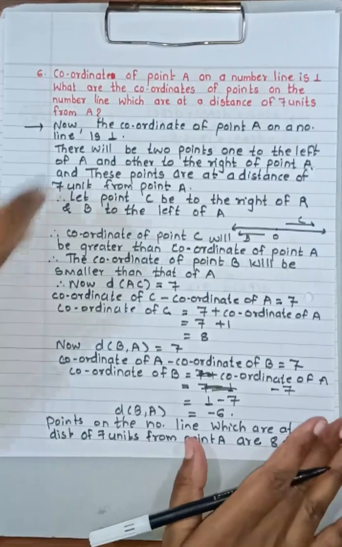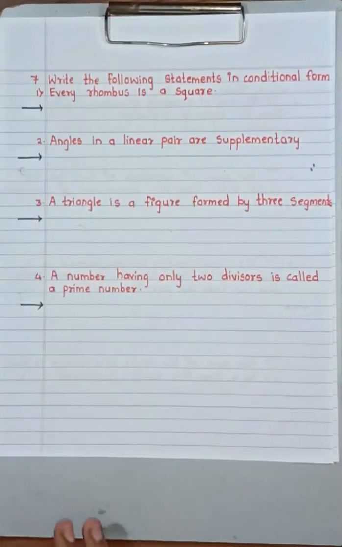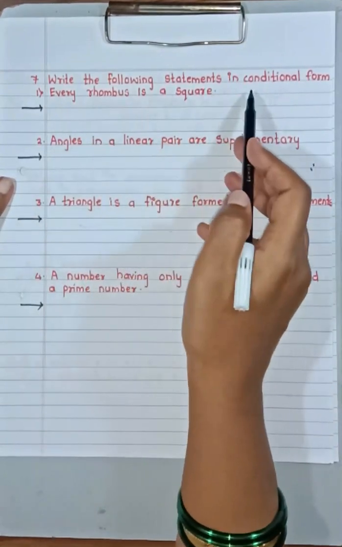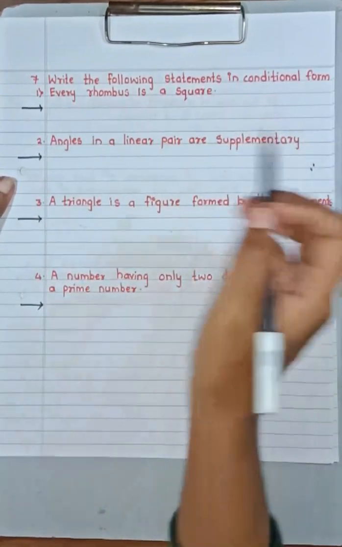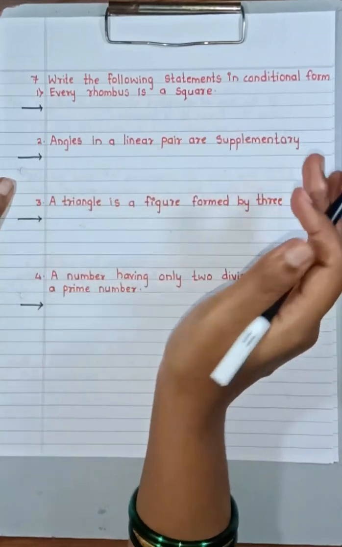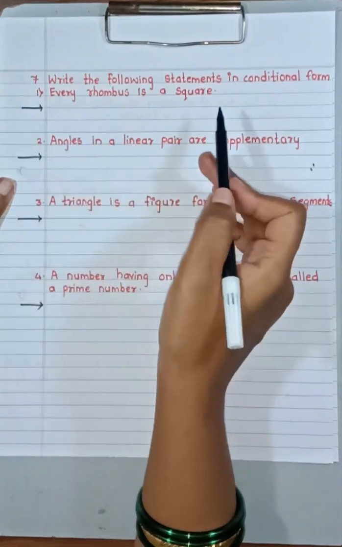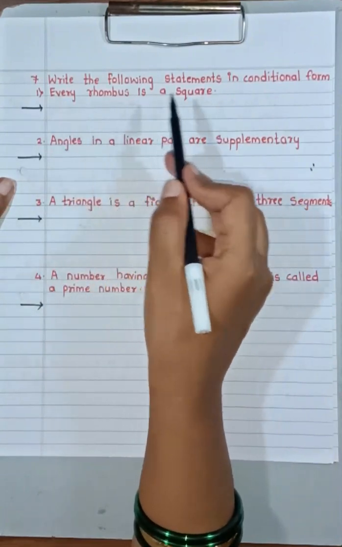Okay, now let us move on towards question number 7. In question number 7, you have to write the following statements in conditional form. So what are conditional forms? That is, you have to write the given statement in if and then form. Now let us move on towards the first one, that is every rhombus is a square.